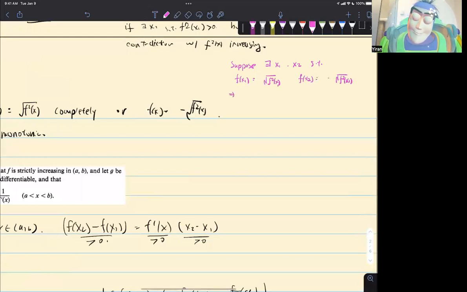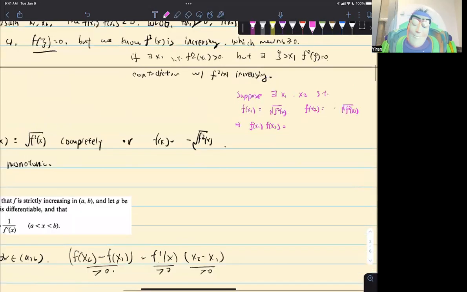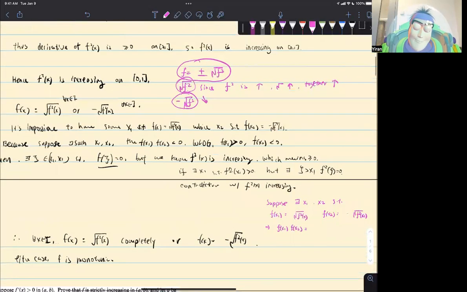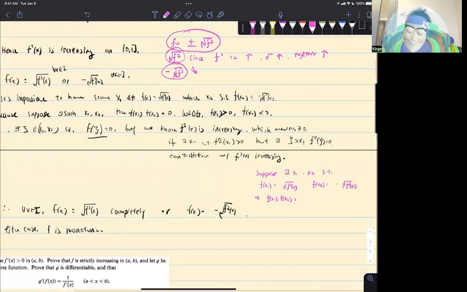Then that implies f(x1) times f(x2) is not equal to, but it's going to be strictly smaller than 0, right?